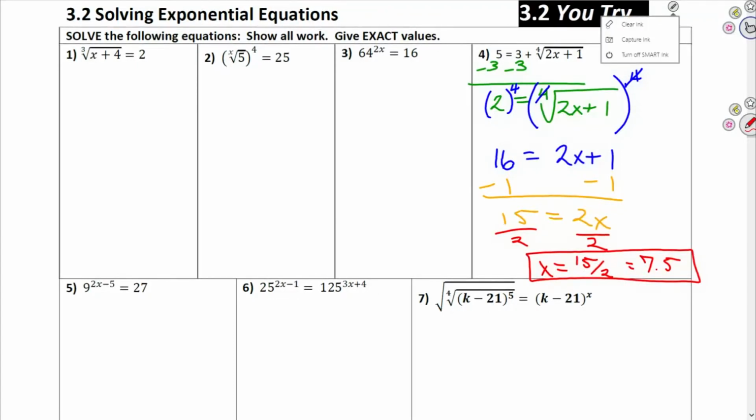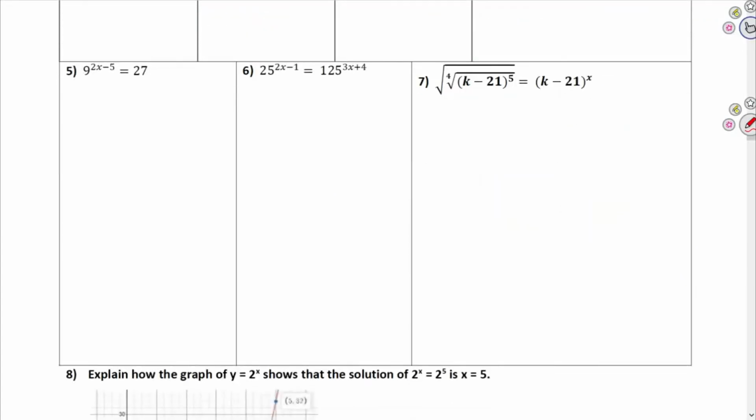Okay, now number 7 looks really crazy, and you're like, what? I have a fourth root inside of a square root, and that's crazy. So let me rewrite this. Now, one of the tools we have is our exponent rules. So I know that a square root, this square root right here, is the same as raising it to the power of 1/2. Okay?